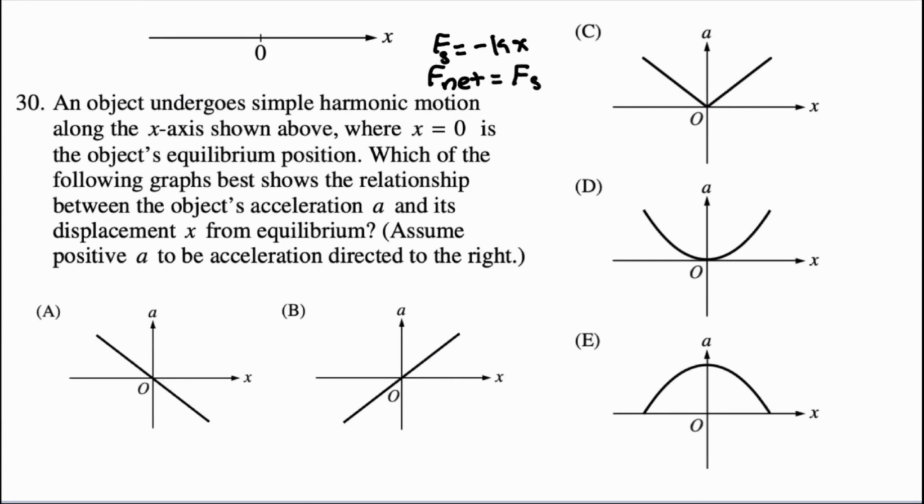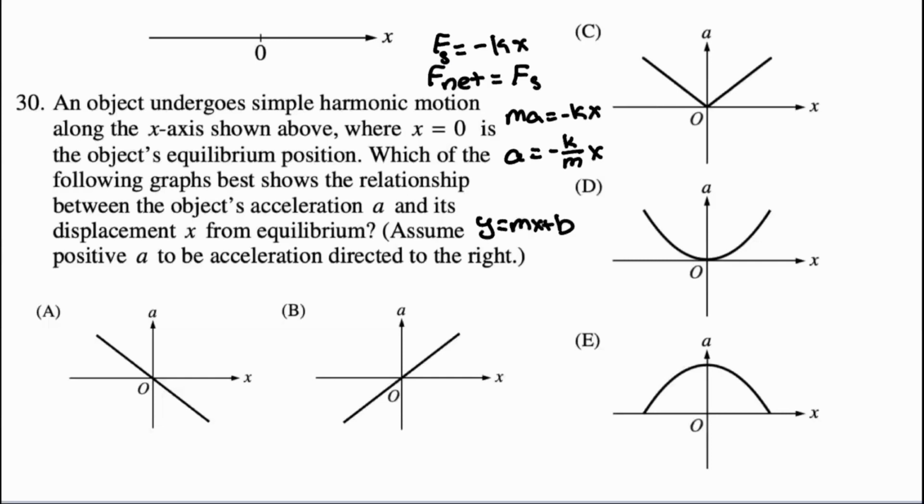So we're going to say that ma is equal to negative kx. And because we're finding the graph of a compared to x, we're going to isolate a. And we get that a is equal to negative k over m times x. And this is actually in the form of y equals mx plus b. It's going to be a straight line. It's a linear graph.